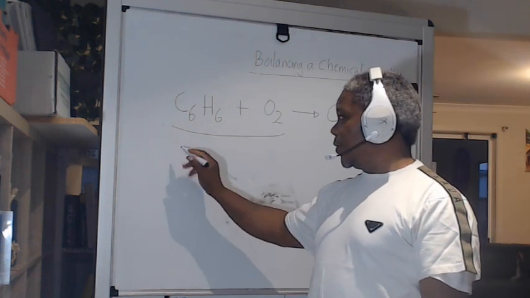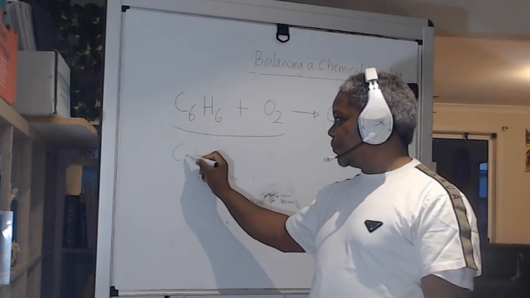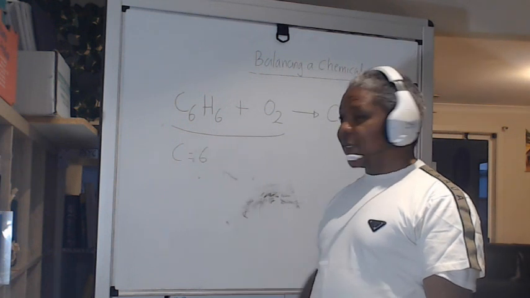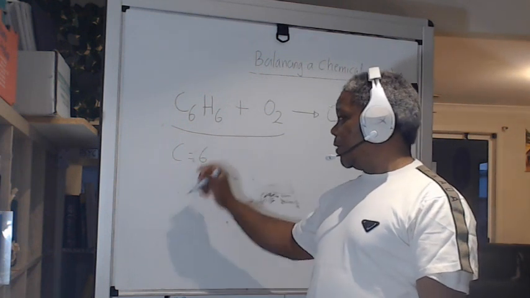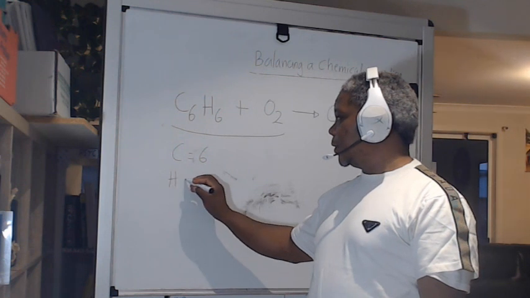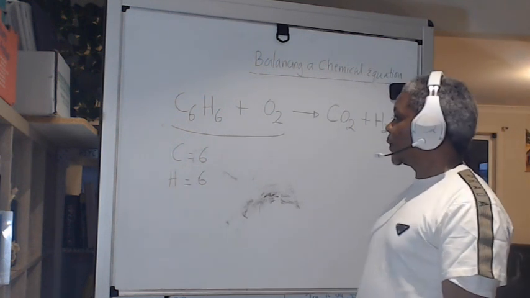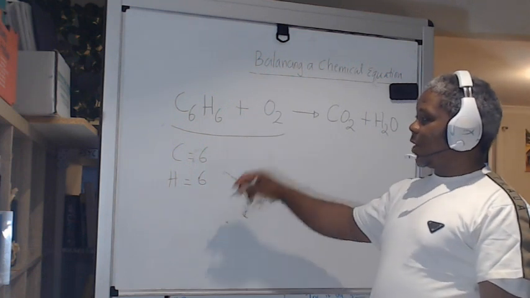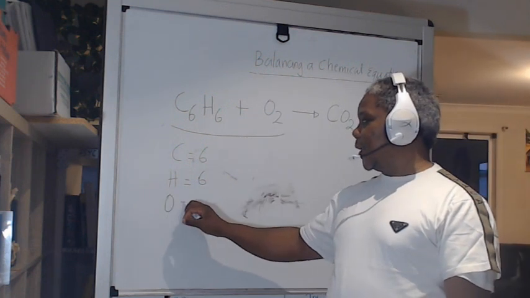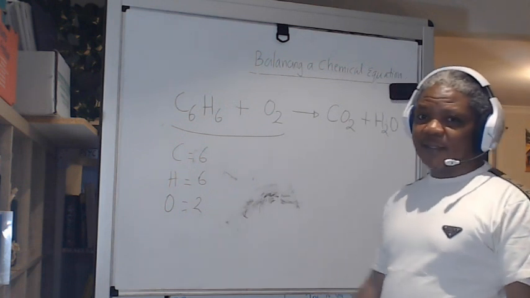So we have benzene, which has 6 carbons, and we have hydrogen here, which has 6 atoms, and of course we have oxygen. That looks like we just have 2 of them there.